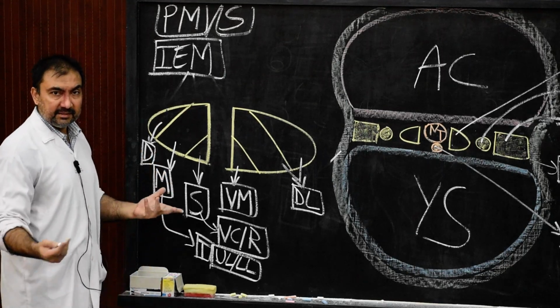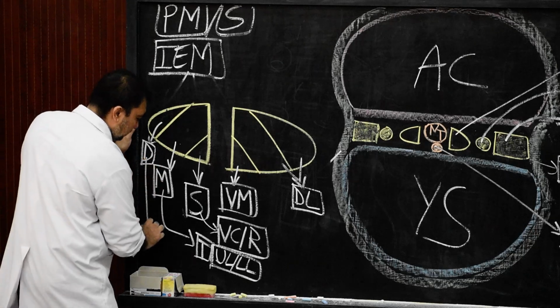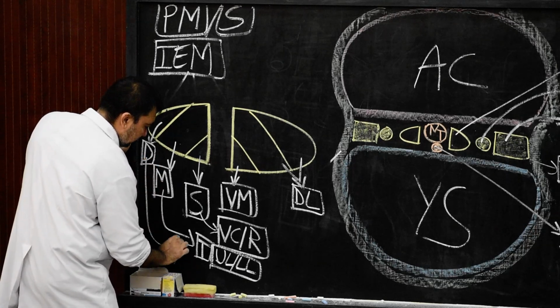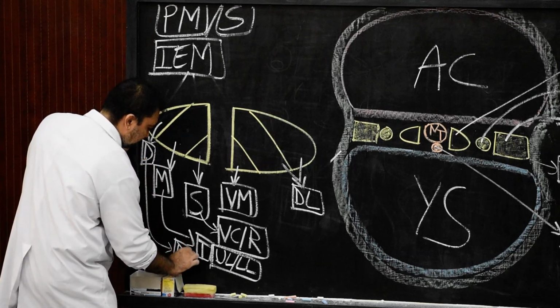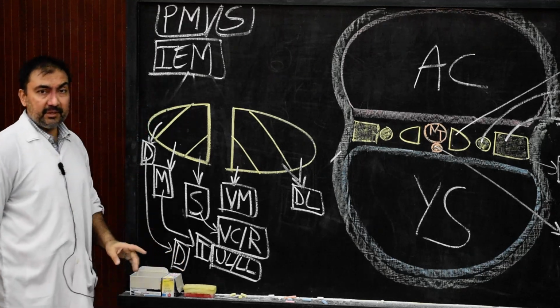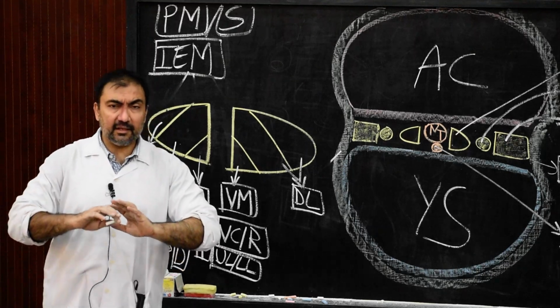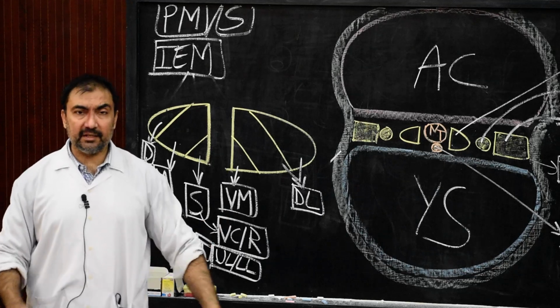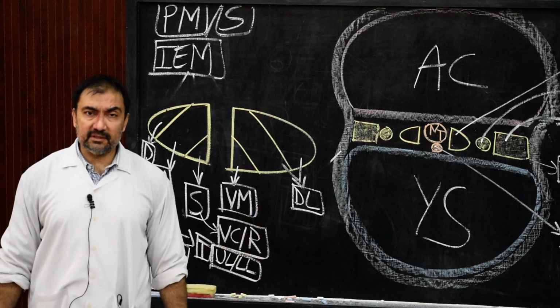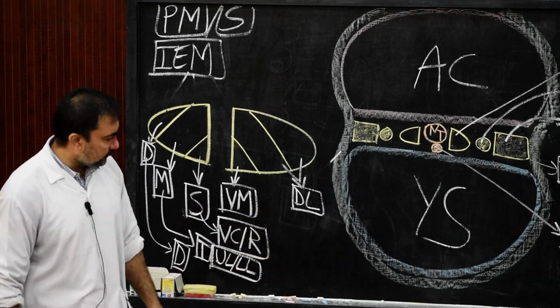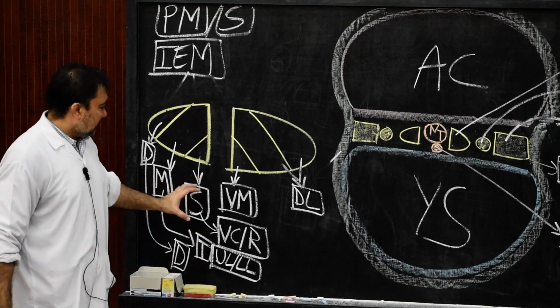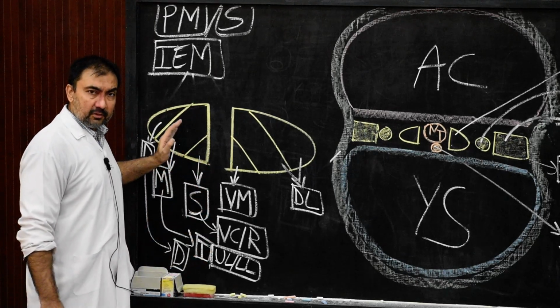Dermatome, very simple. This dermatome portion will develop into the dermis of the skin. The entire dermis of the human skin will develop from the dermatome of the somites. So therefore, each somite will differentiate into sclerotome, myotome, dermatome.